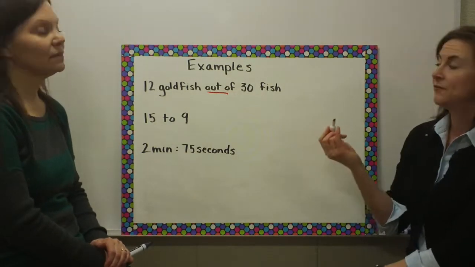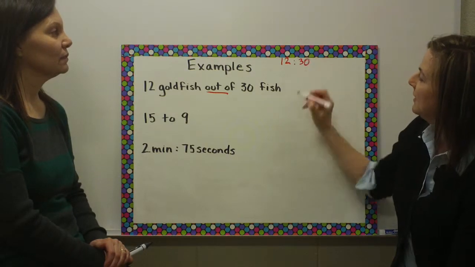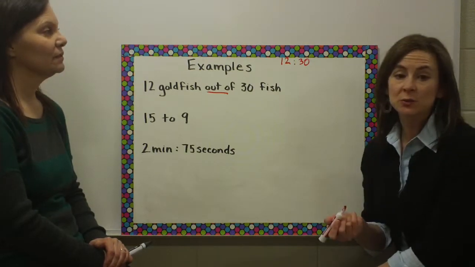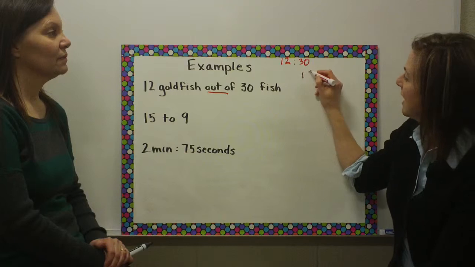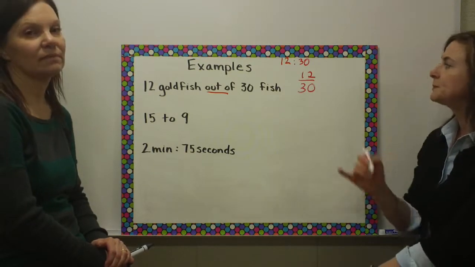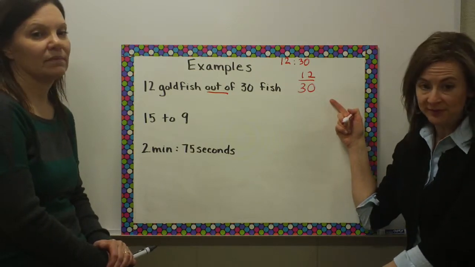Here we even see the phrase. So I could say 12 to 30. I could say 12 out of 30. I could use the fraction bar, which is the most common way that we're going to be writing our ratios, so that we can make sure that we always simplify.